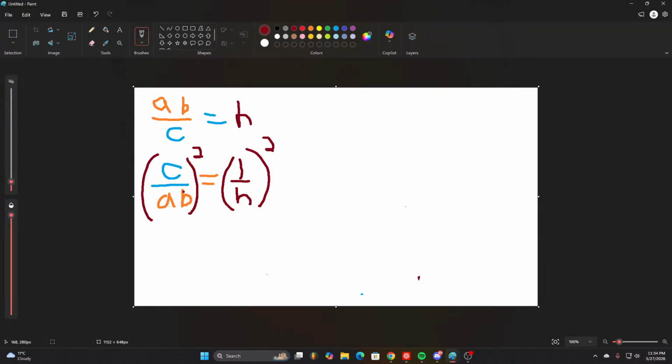So what this becomes is c squared all divided by ab squared is equal to 1 squared, which is just 1, all over h squared. This is what we are left with.